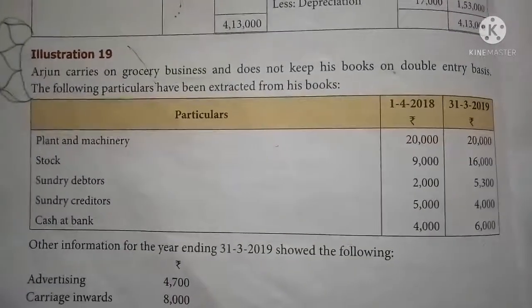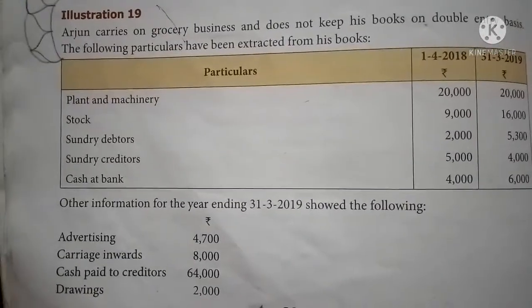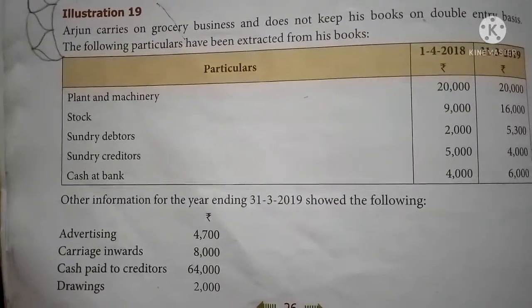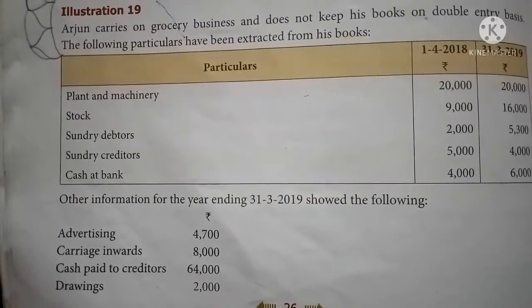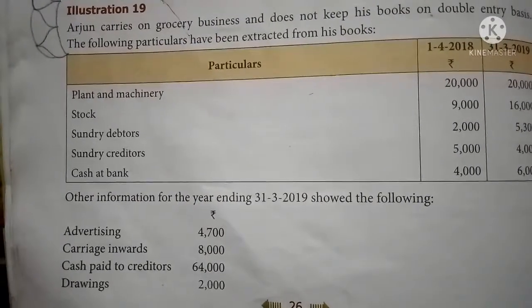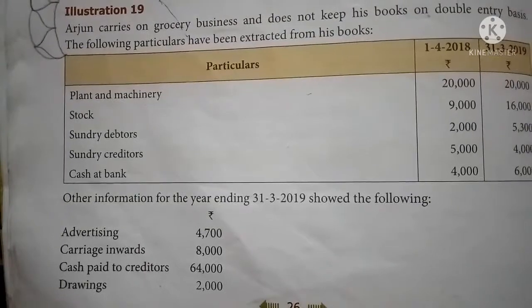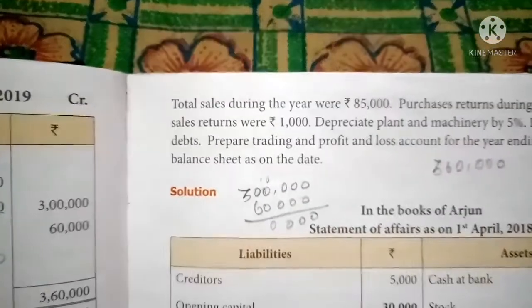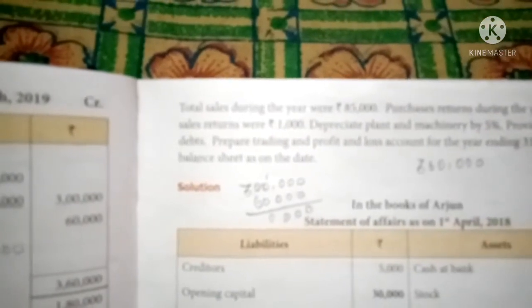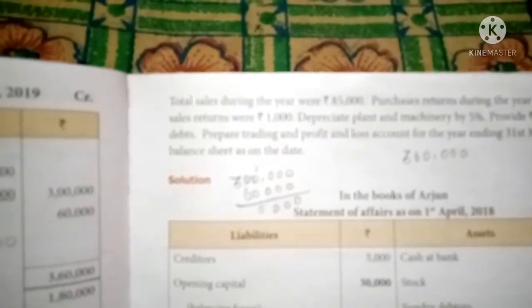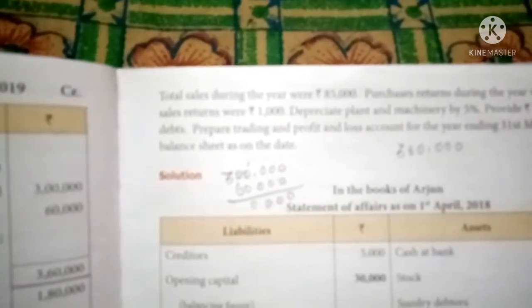So in this problem advertising is given, it can be taken to profit and loss account debit side, carriage inward to trading account debit side, cash paid to creditors to total creditors account debit side, drawings can be taken to the balance sheet, from the capital it should be subtracted on the liability side, and then total sales during the year 85,000 can be assumed as credit sales. So no need to prepare a total debtors account because sales is available in the sum itself.